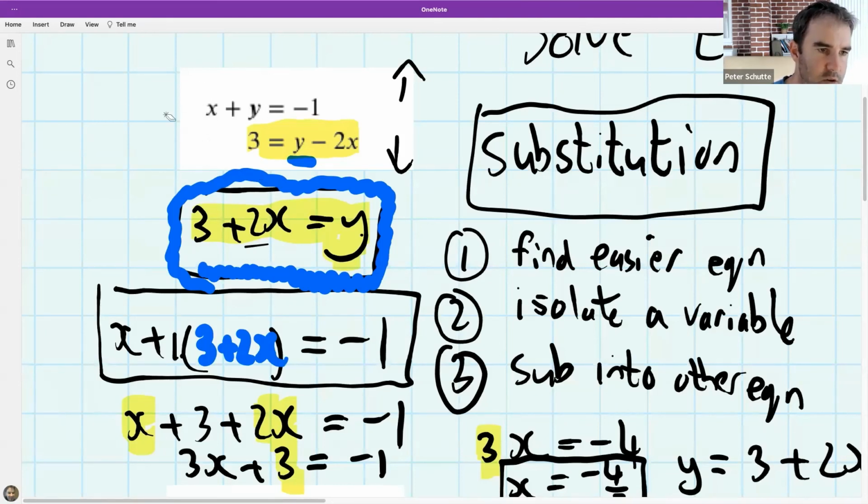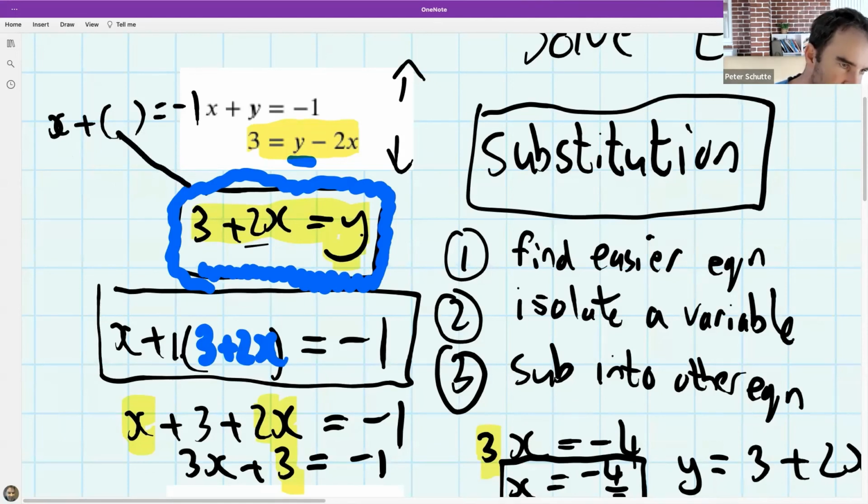This equation is just x plus something equals minus 1. That something is y. Let's put this blue thing into that. And that's why over here I've got x plus 3 plus 2x is minus 1.